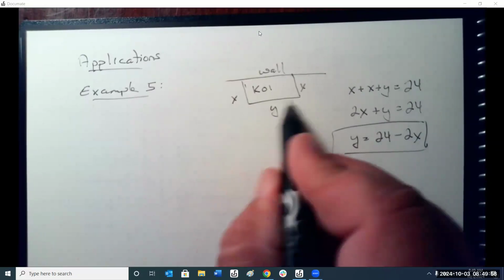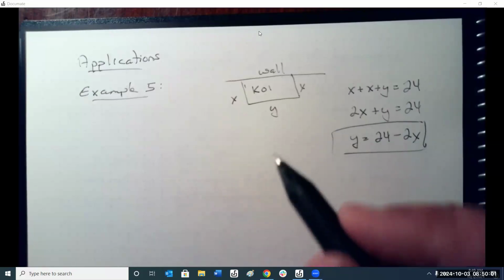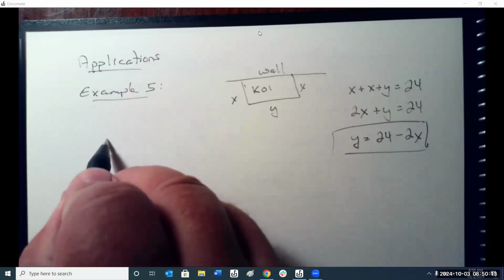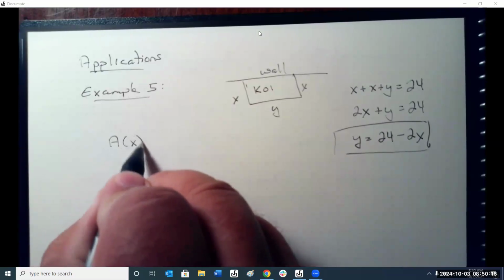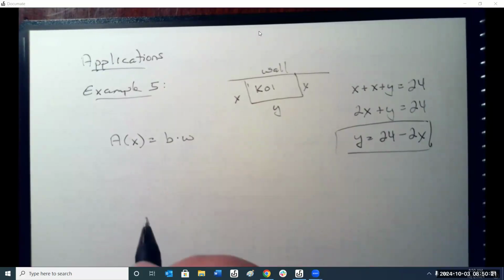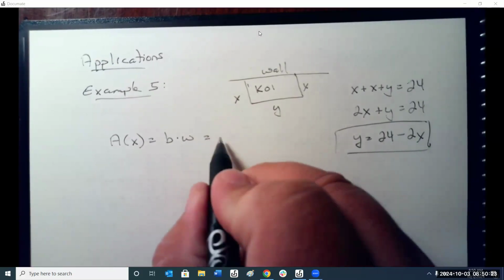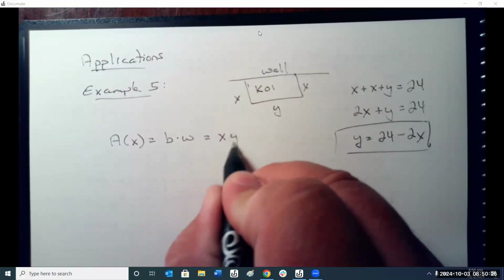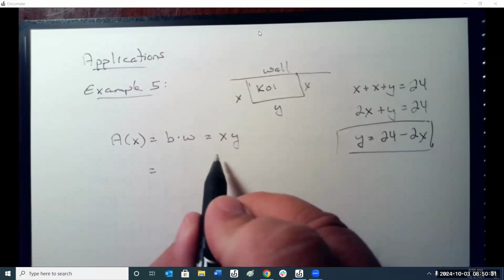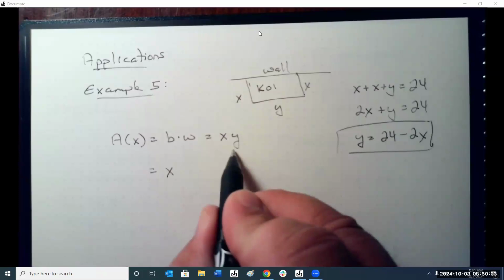So there's a function that we have. So that's this side. The question said, what dimensions of the koi pond will yield the greatest area? So we're looking for the area. Area is base times width, or in our example, x times y. We know what y is.